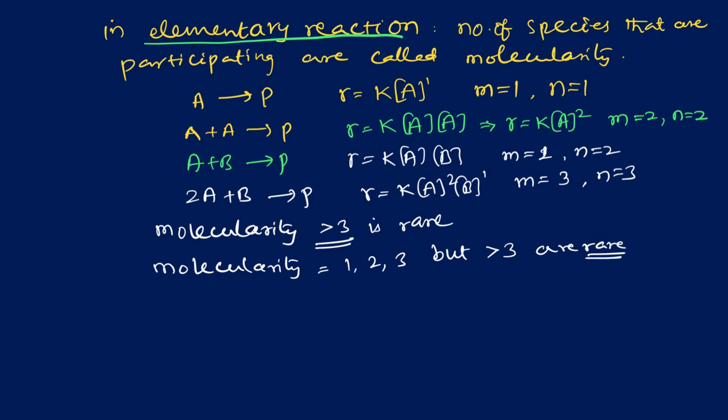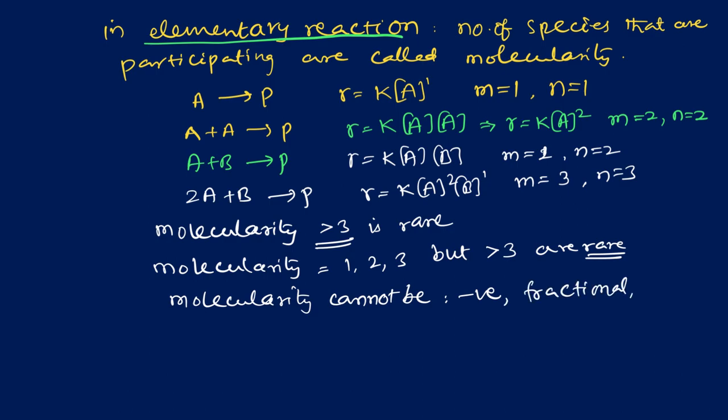And it cannot be fractional, it cannot be negative, and it cannot be zero. So molecularity cannot be negative or fractional or zero. It is always positive, that is 1, 2, 3.